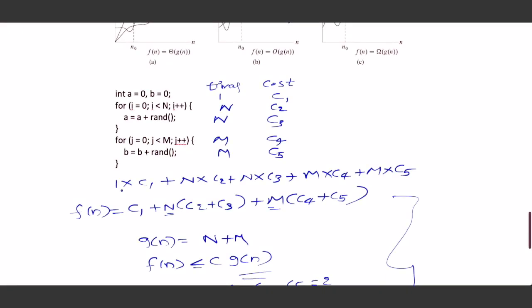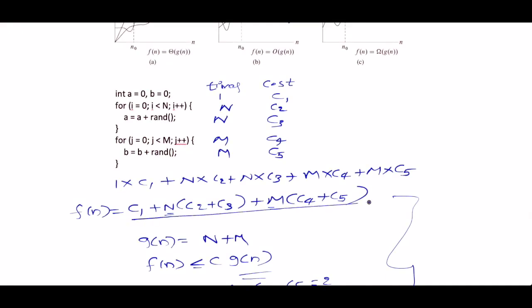When we have this formula, the first trick is to drop all the lower order terms. Let's say we have n square and m square. Since n square and m square are the higher order terms, we should drop the lower ones, n and m in that case.